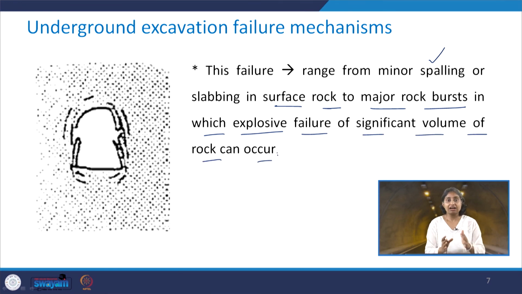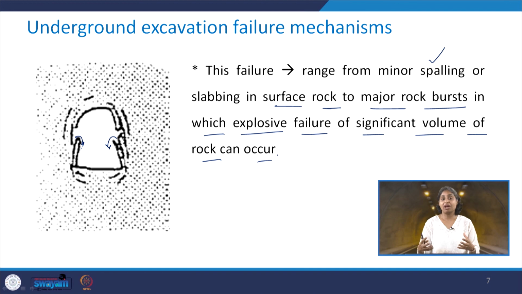So, take a look at this particular figure. Some spalling or slabbing can occur, let us say like this, or there can be the situation of rock burst, which I have already discussed with you when we were discussing the various ground conditions.